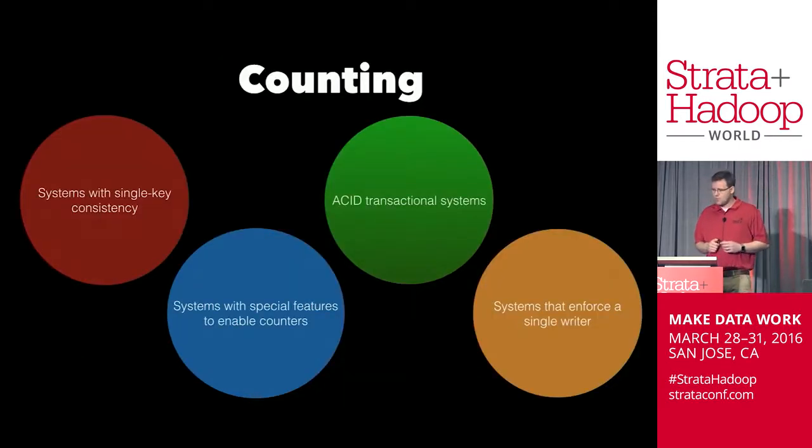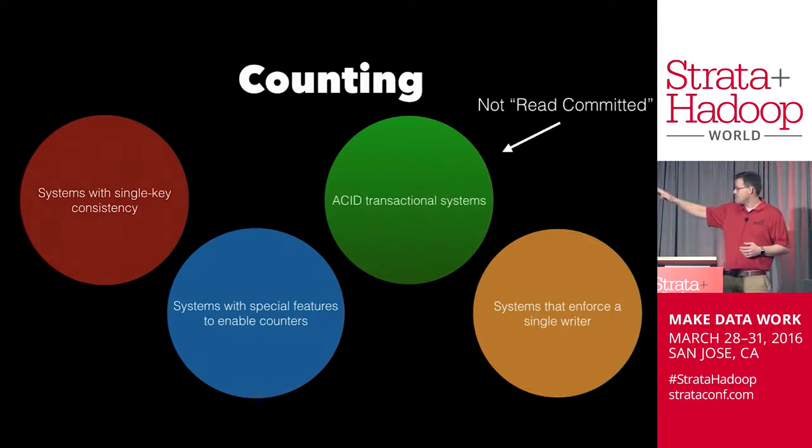So what systems can do counting? Systems with single key consistency, where I basically have a transaction on a key kind of system. Those systems can update a counter safely. Systems with special features to enable counters, like Apache Cassandra, for example, can do counting. ACID transactional systems obviously can do counting.